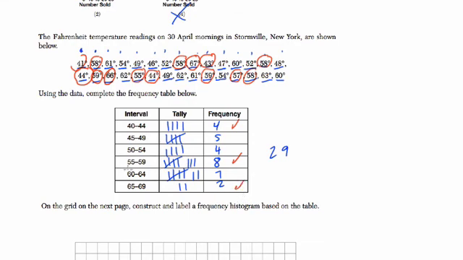Okay. 60 through 64. 1, 2, 3, 4, 5, 6, 7. Jeez. 50 through 54. 1, 2, 3, 4. Must be the last one. 1, 2, 3, 4, 5.